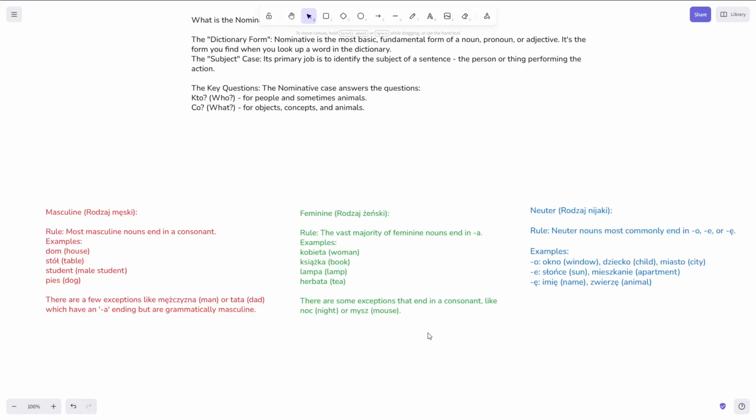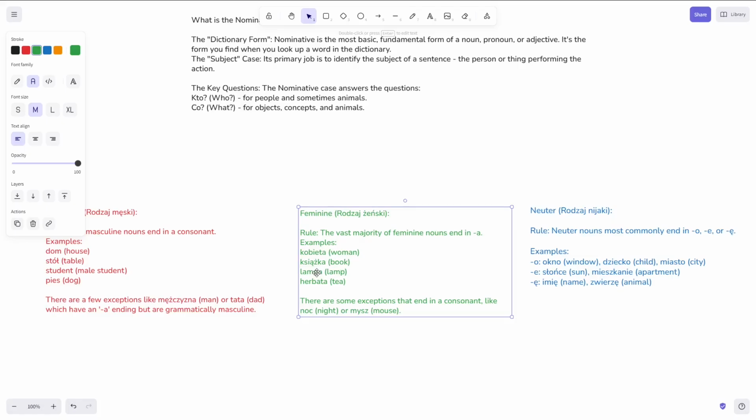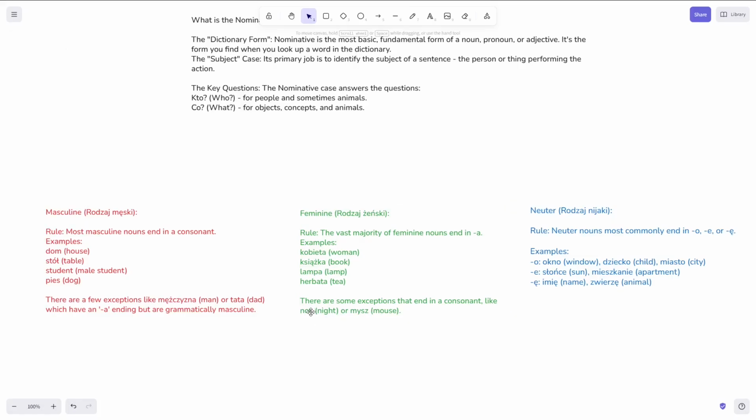You have to know the gender of the noun, because when noc or lampa is used in a sentence and it is a feminine noun, then the adjective that is used to describe this noun will also be in a feminine form, okay? Or the noun itself, when it goes through the case system and you want to make the noun genitive, accusative, instrumental, it will also depend on the gender of that noun, okay?